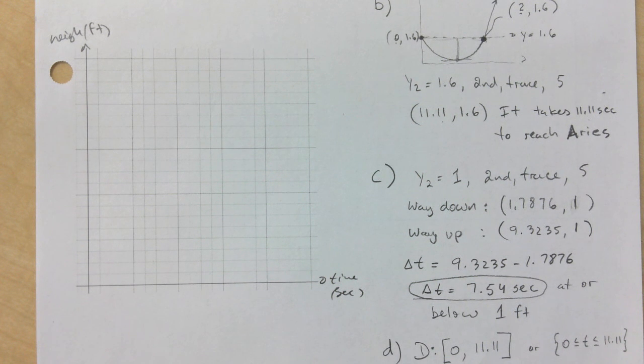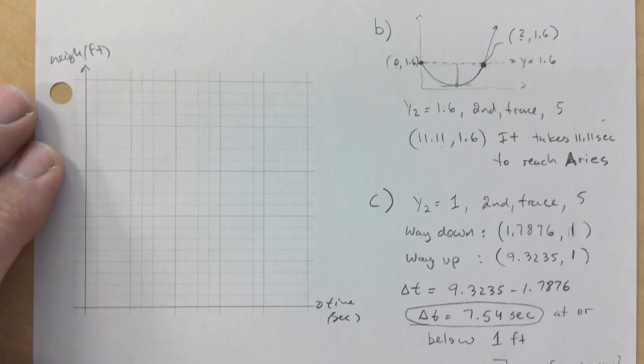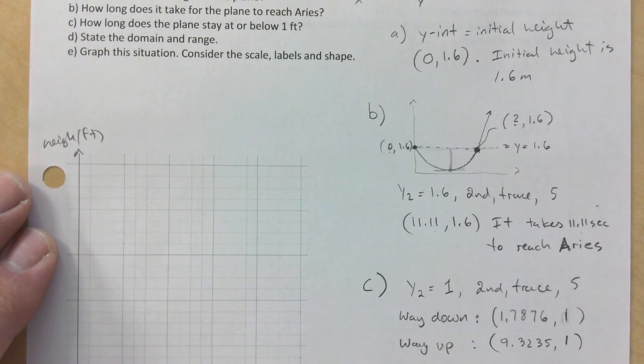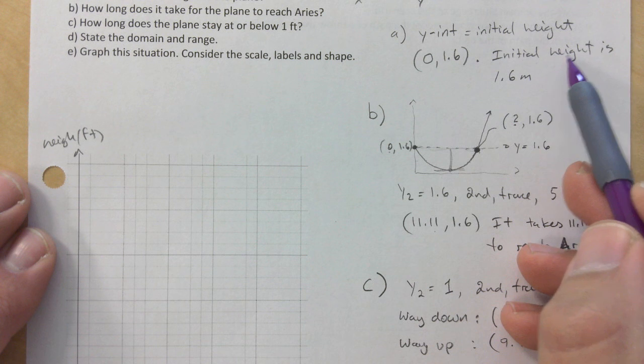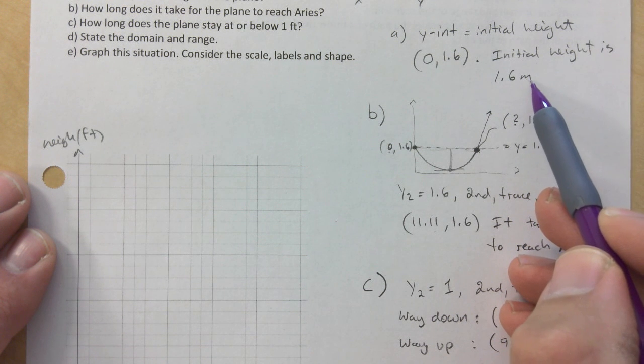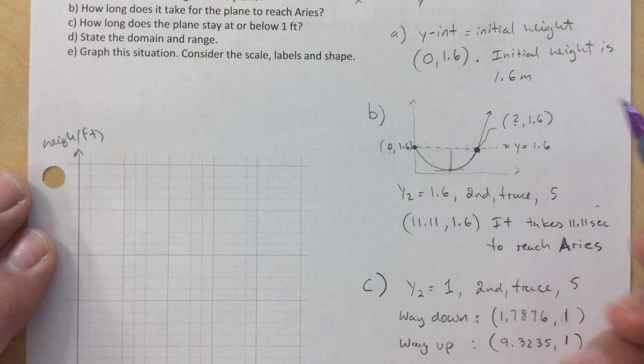Because I believe height is in feet and time is in seconds. Did I say meters at one point? I think I did. And A, supposed to be feet.